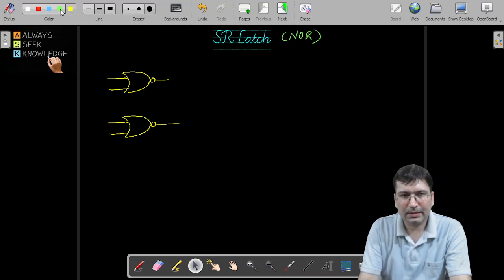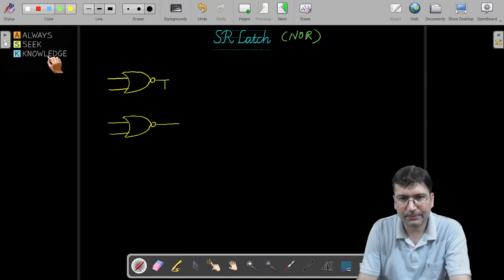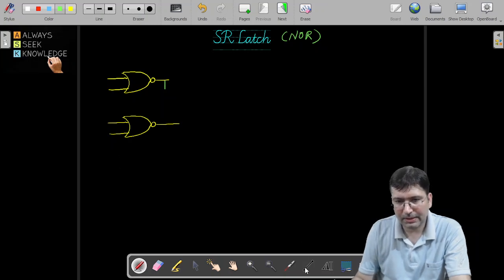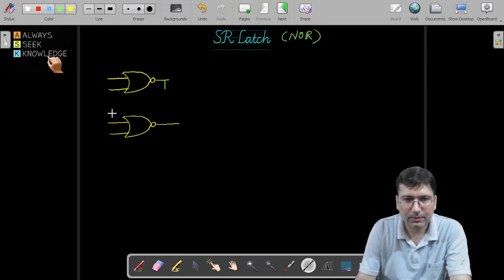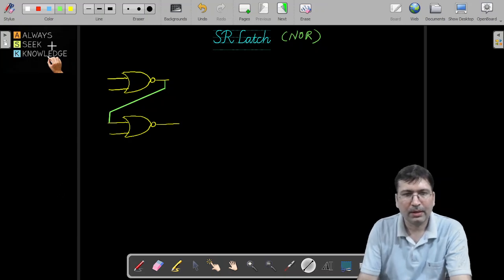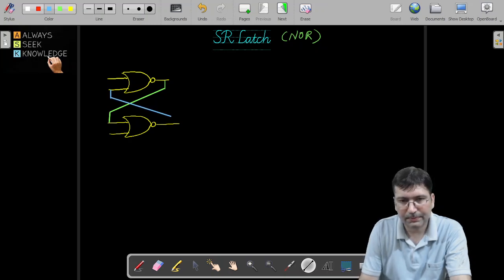Now let's have a connection. So this output, because it is a sequential circuit, I'm connecting this output to this input of this, like this, and I'm connecting this input to this output here, like this.